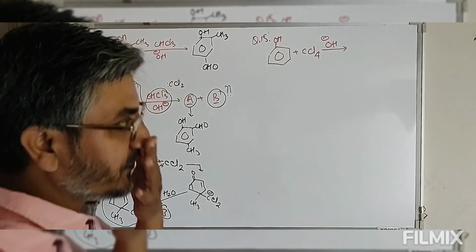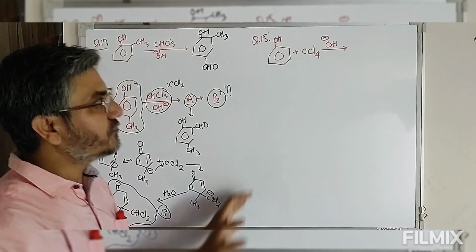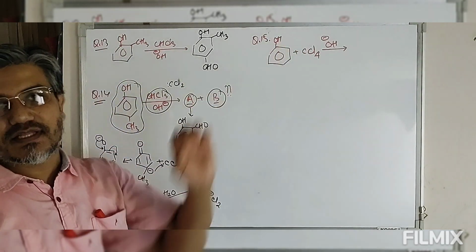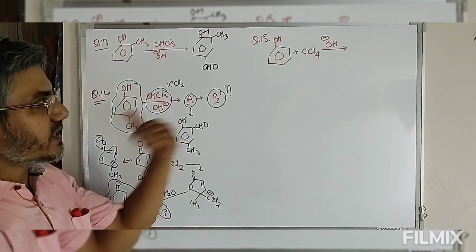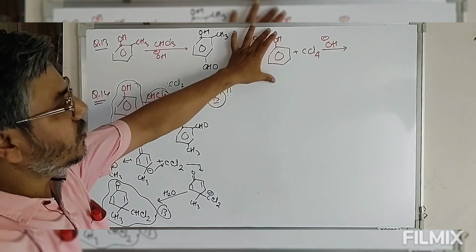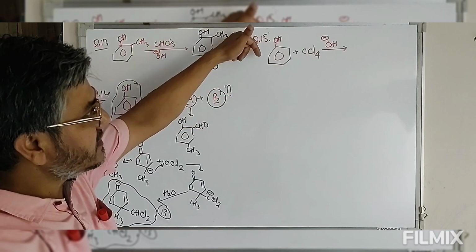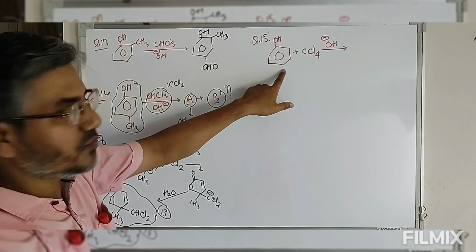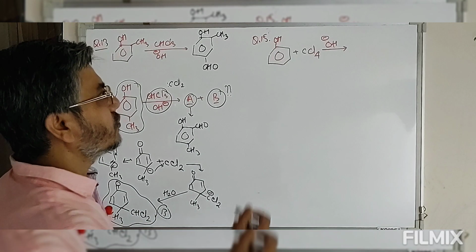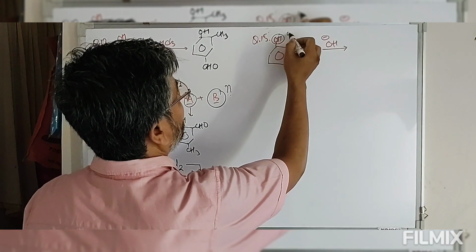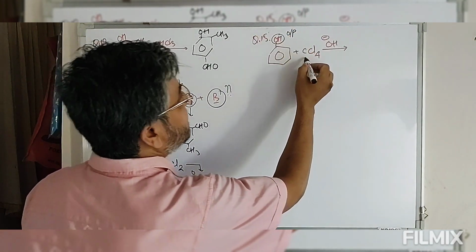Now in problem number 15, again we have this phenol. Phenol is to be reacted with carbon tetrachloride. Now as we have seen earlier, the phenol OH group is a very strong electron releasing group which releases electron density to ortho and para position by resonance. So we have this ortho para directing group.